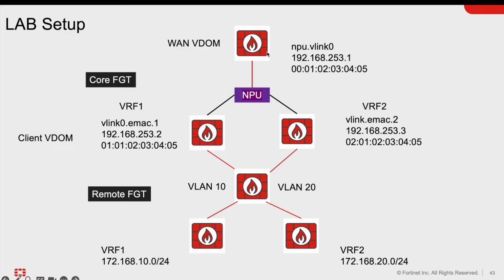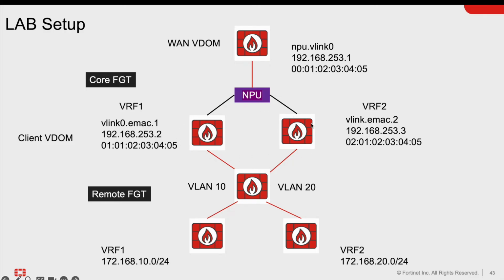So I've got a primary FortiGate, which is indicated by these 3 VDOMs here. I've got my WAN VDOM, which obviously, as the name suggests, goes northbound to the outside world. Within here, I have a secondary VDOM.